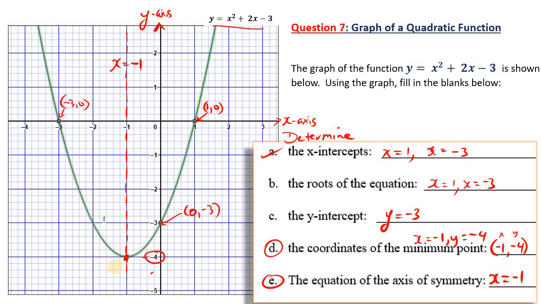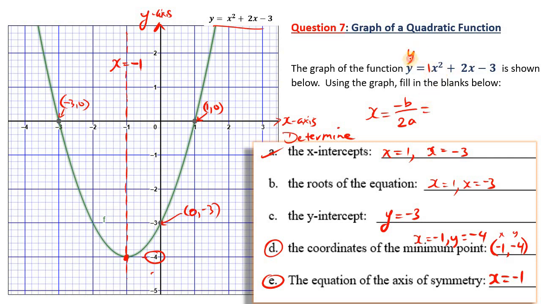By the way, there's a formula you can actually use to get the equation of the axis of symmetry. It's x equal negative b over 2a. Remember, we talked about this in the previous video, question 6. The number before x squared, if we don't see it, is 1.